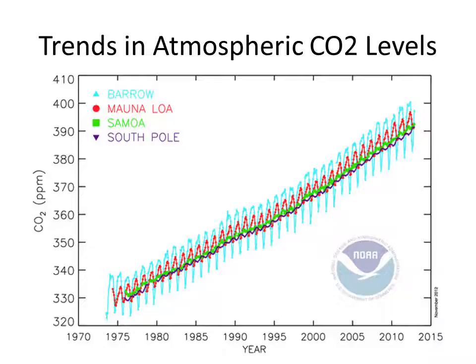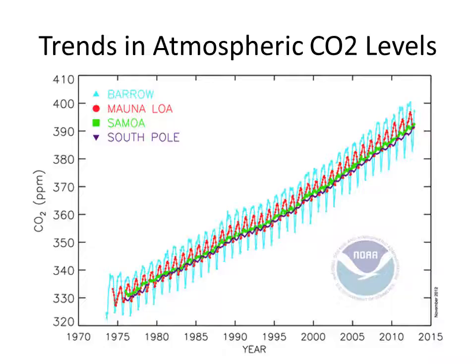So here's a diagram, a graph. On the x-axis you see years in 5-year intervals, and on the left, the y-axis, you see the CO2 concentration. ppm means parts per million. For example, in 1975, the CO2 level in these 4 locations was 330 parts per million.